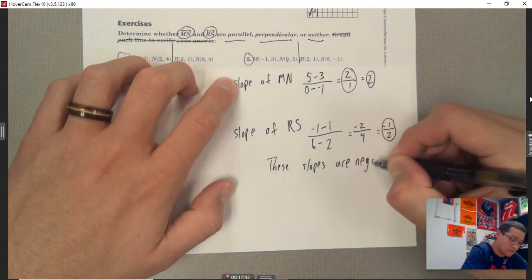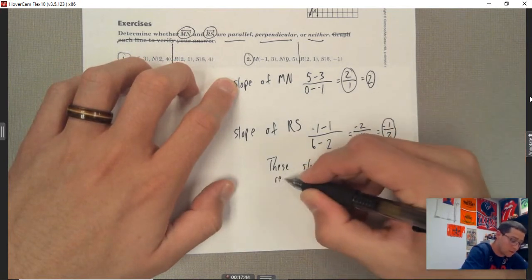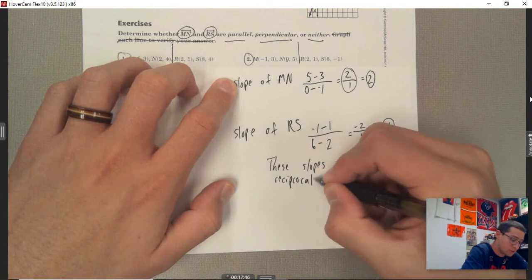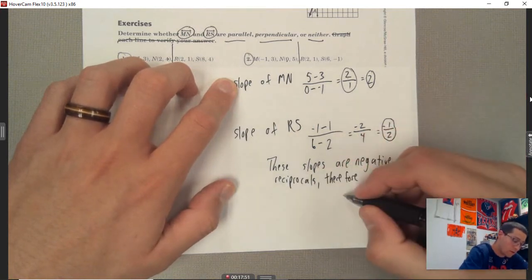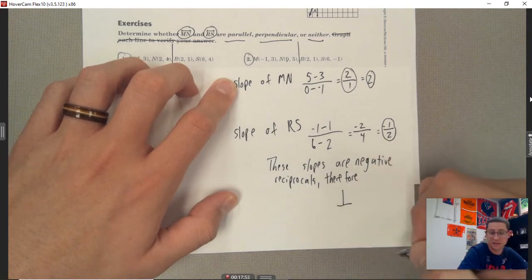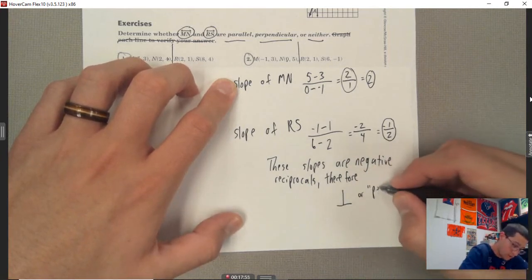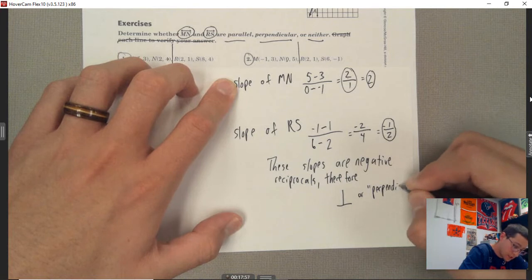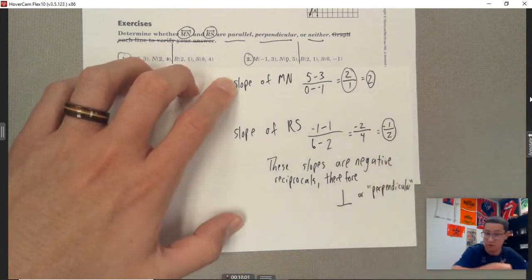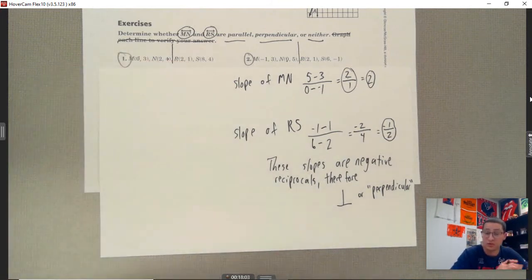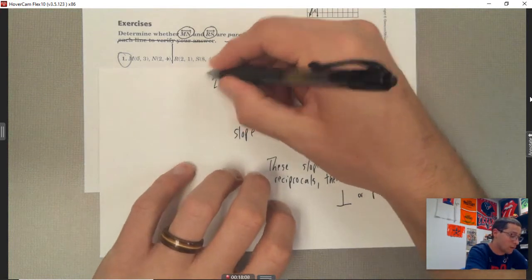Therefore, that symbol, perpendicular. Whew, that was close. So these two are perpendicular. And that is the work for number 2.